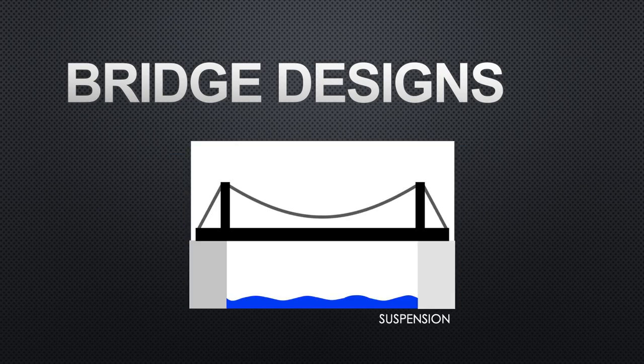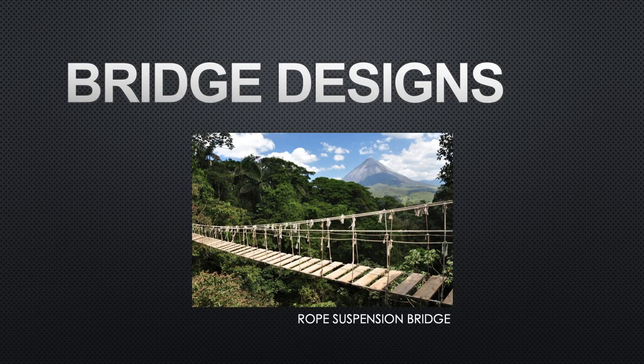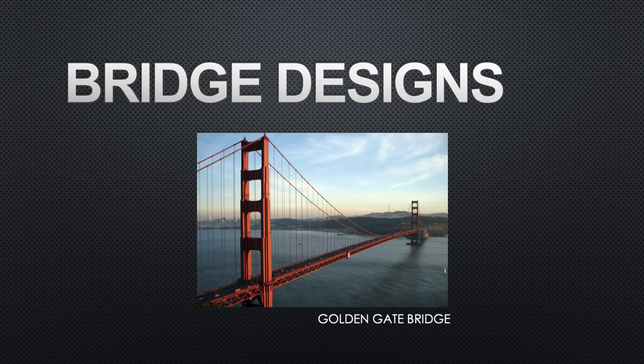So the next oldest type of bridge is the suspension bridge, and these are about 600 years old. Well, the oldest suspension bridges are just rope bridges, but there are iron suspension bridges that date back 600 years that still exist in China. Probably the most famous bridge in the world is the Golden Gate Bridge, and it is longer than a mile, so it's more than 1.6 kilometers long.